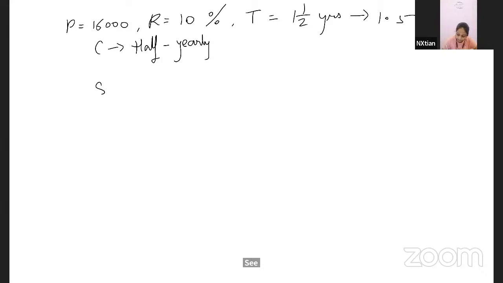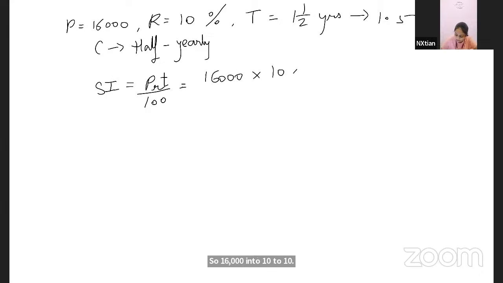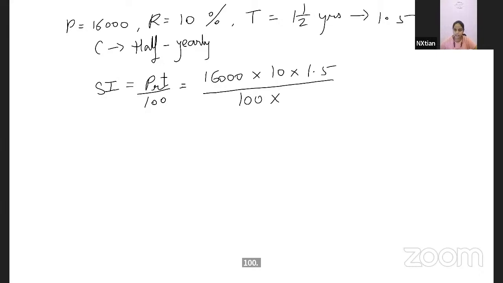So SI is PRT by 100. So 16,000 into 10 into 1.5 divided by 100. This 1.5, I can remove the point and put 10 below.